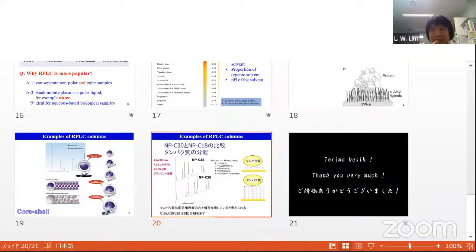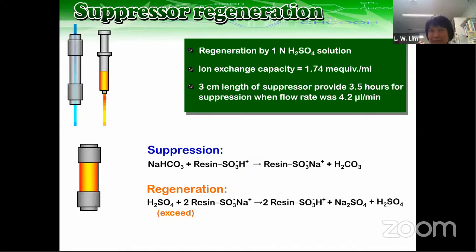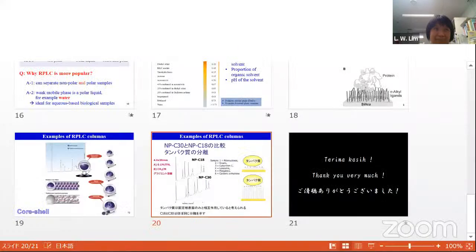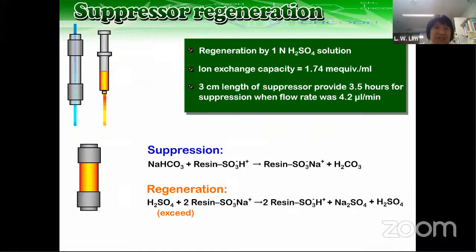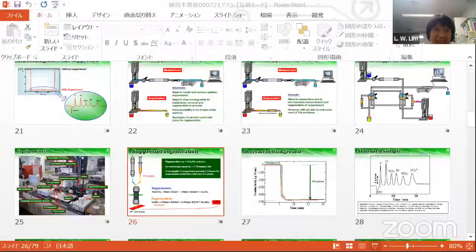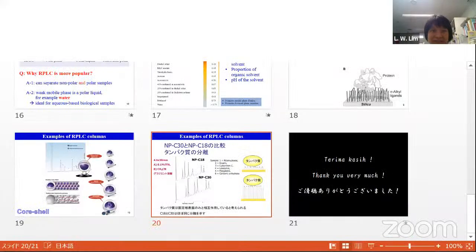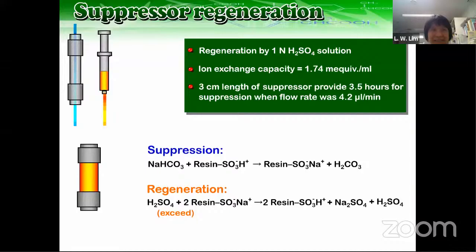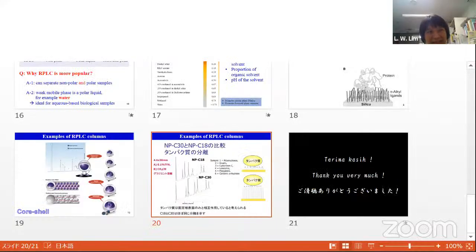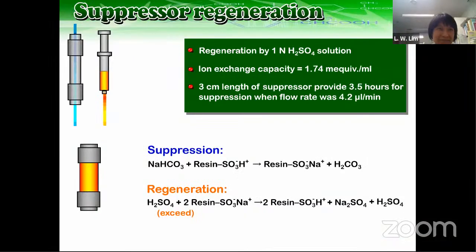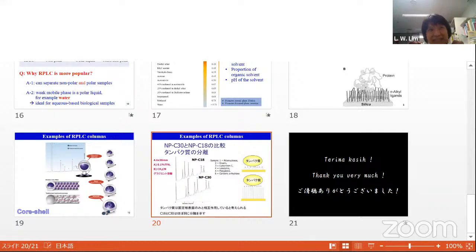But when we use the suppressor system, the sensitivity is very high, and usually when you buy an ion chromatography system, it will come with a suppressor. But in the market now, you can also buy what we call single column ion chromatography. Single column means only one column.